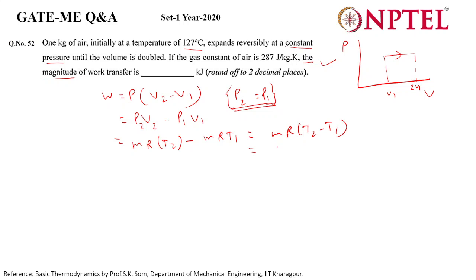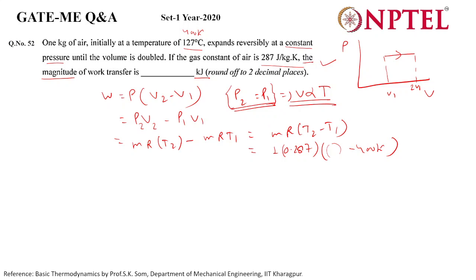We know the value of m, and R is also known. We need the answer in kilojoule, so we put R in kilojoule: 0.287. What would be the value of T2? T2 we don't know. T1 we know, but it is in degree Celsius, so we convert to Kelvin: 400 Kelvin. For a constant pressure process, volume is directly proportional to temperature.